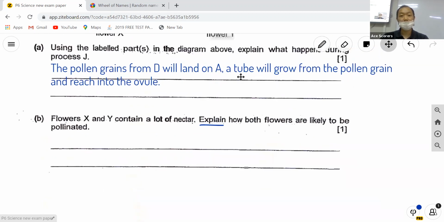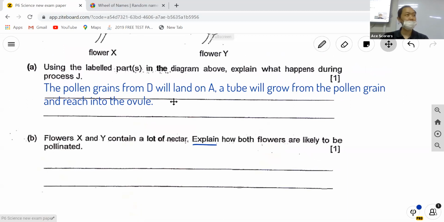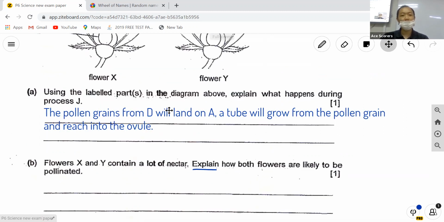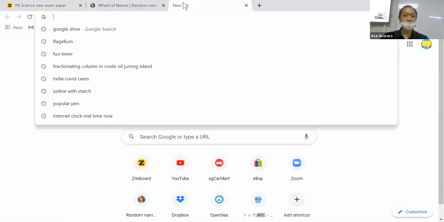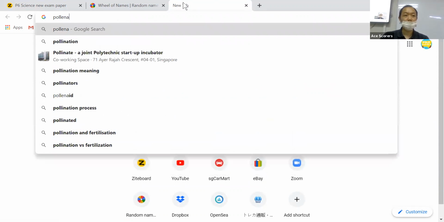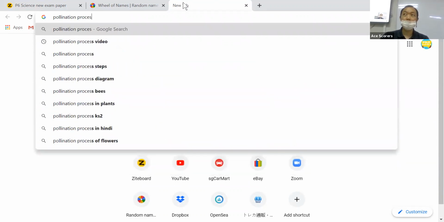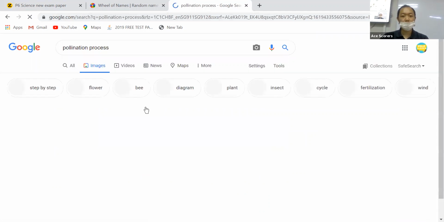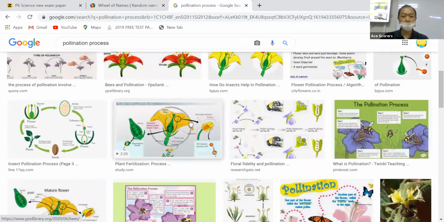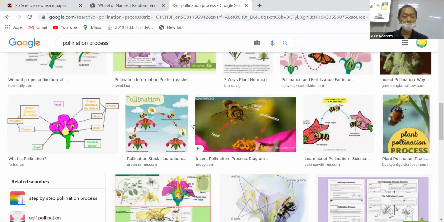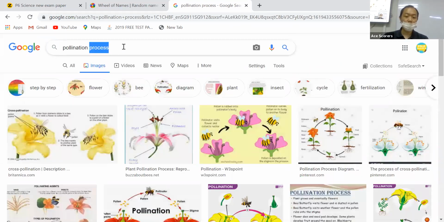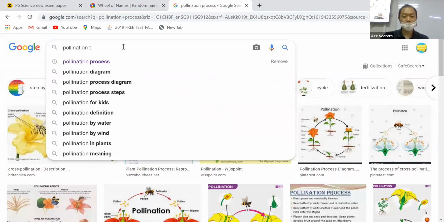A tube will grow from the pollen grain. Stigma? Grow from where? Let me show you the tube.